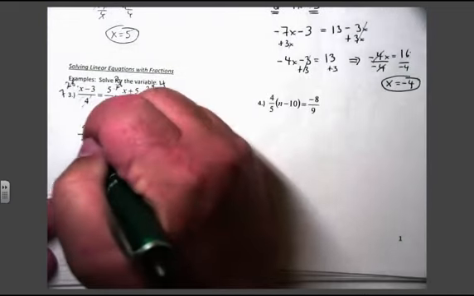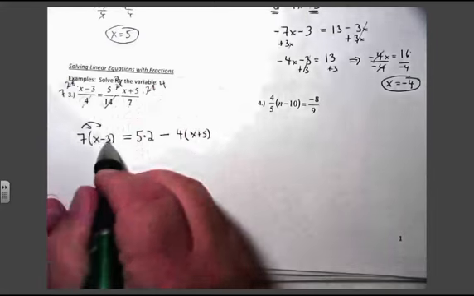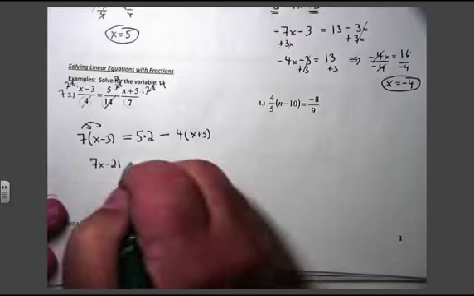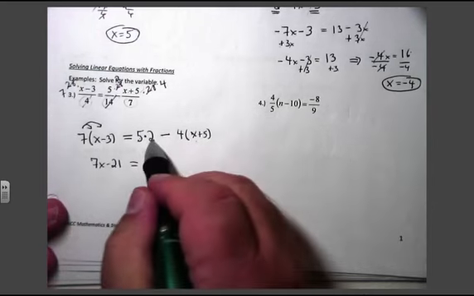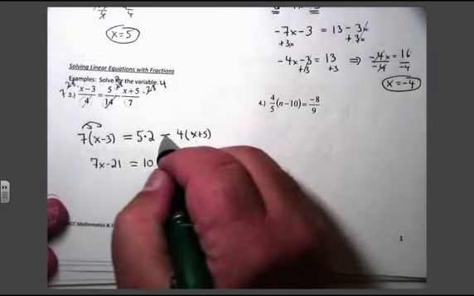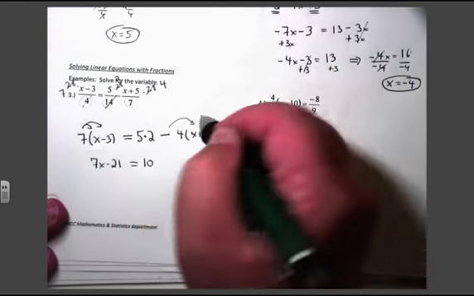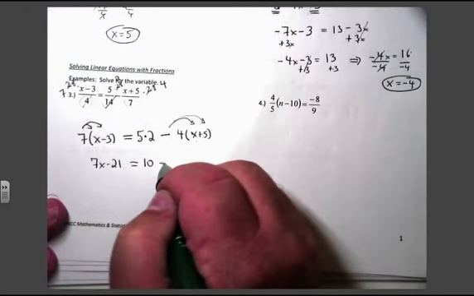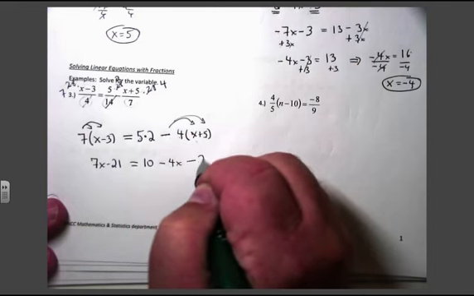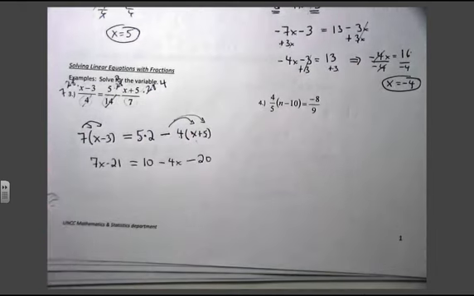Here I'm going to distribute. 7 times x minus 3 is 7x minus 21 equals 5 times 2, which is 10. Now this is a minus 4. Minus 4 times x plus 5 would be minus 4x, and minus 4 times a positive 5 is minus 20.